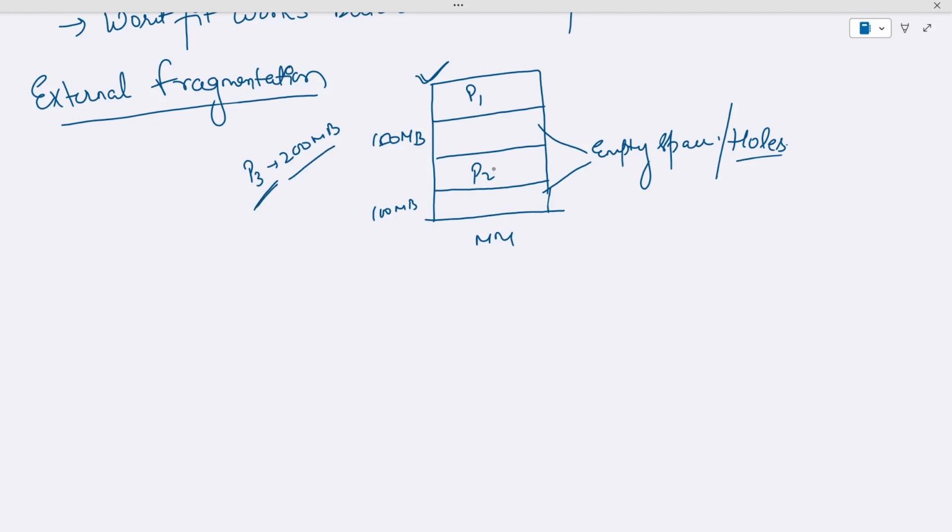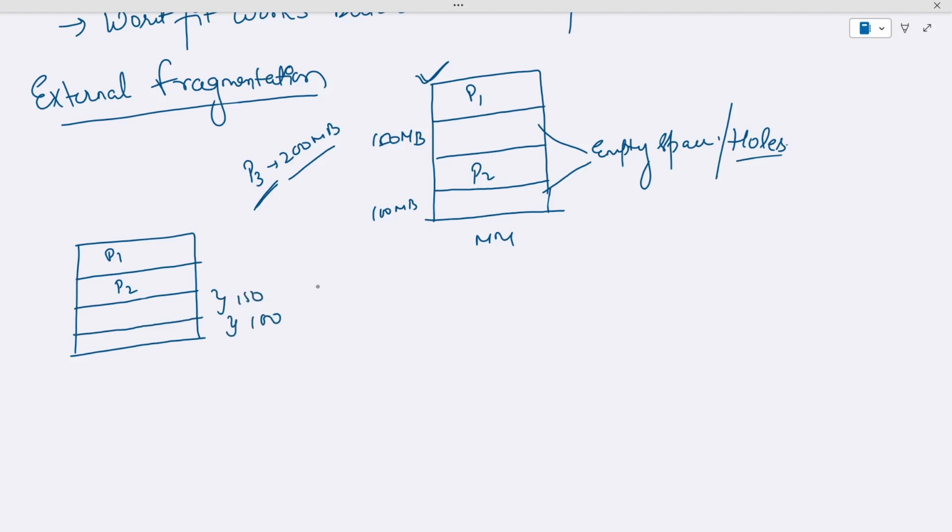But what happens if all the empty spaces are on one side and all the filled spaces are on the other side? What if P1 is allocated like this, and just after P1, P2 is allocated, and these two blocks are here, 150 MB and 100 MB. Now P3 comes, and because it's dynamic, variable partitioning, we can adjust the blocks.